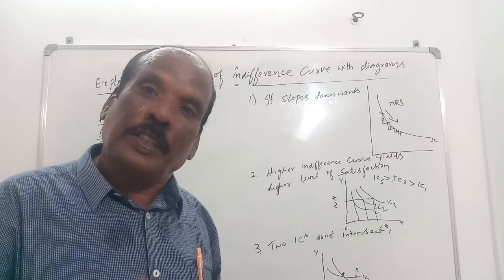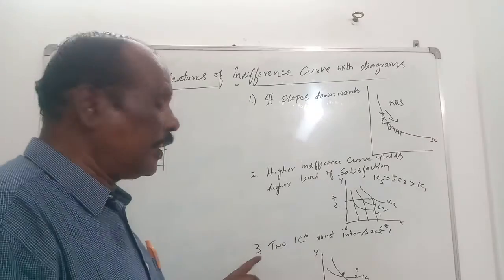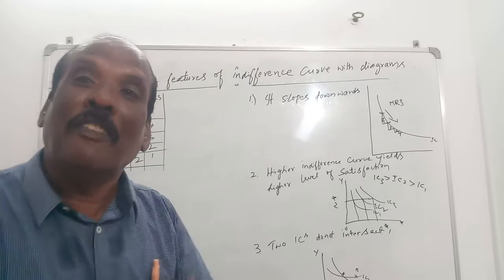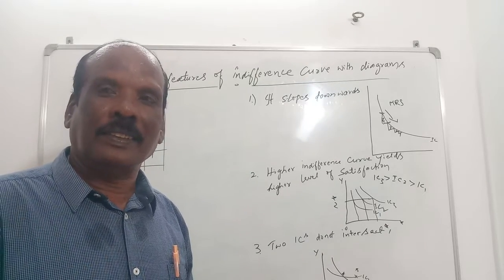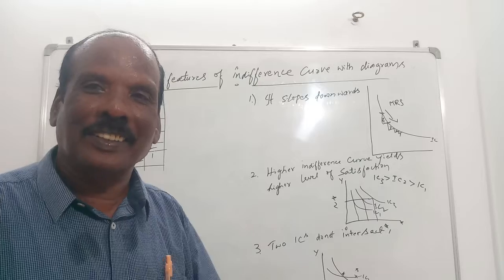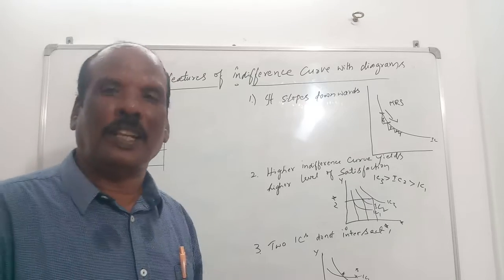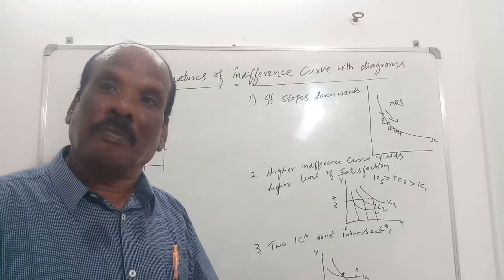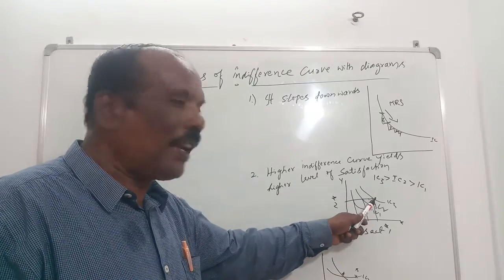Coming to the third important feature of indifference curve, two indifference curves never intersect. They do not intersect each other. They will be parallel. The indifference curves should be parallel.